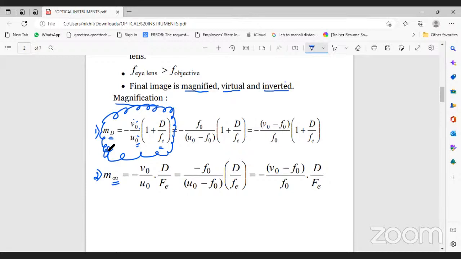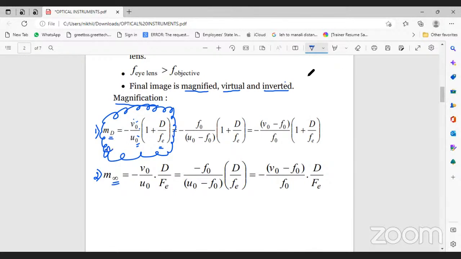You know that it is 25 centimeters for a normal human eye. Fe is the focal length of the eyepiece. V naught is the image distance of the objective lens. U naught is the object distance of the objective lens. And you know the lens formula, right?